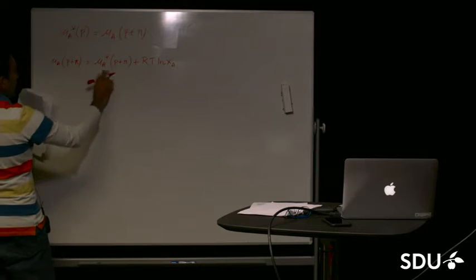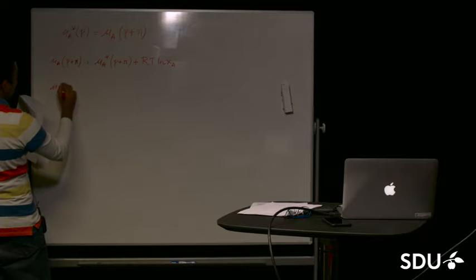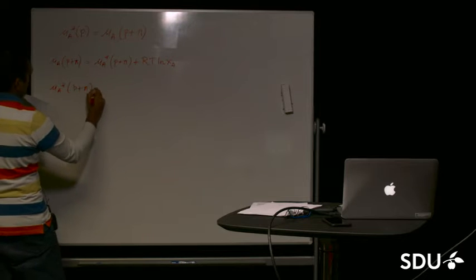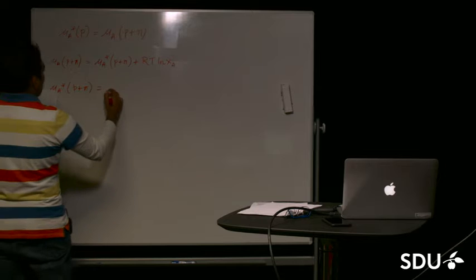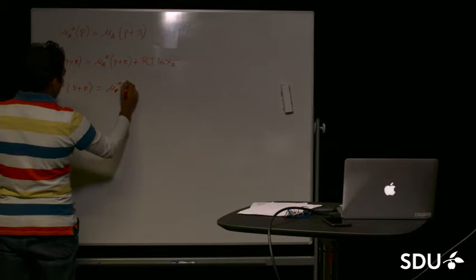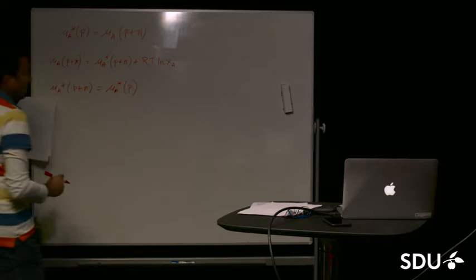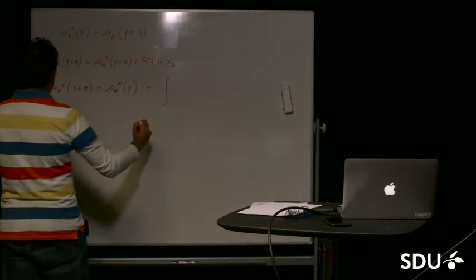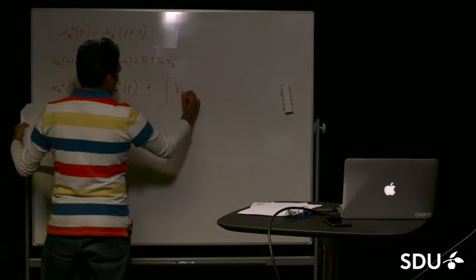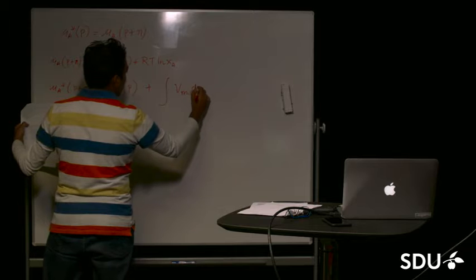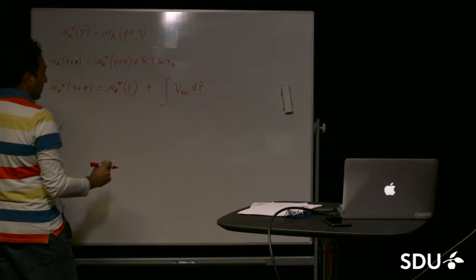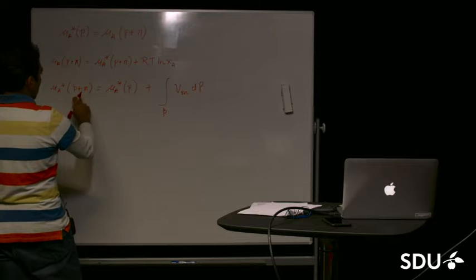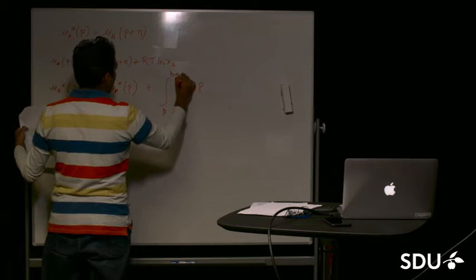If you look at this term now, the chemical potential of the pure solvent at a pressure P plus pi will be given by the chemical potential of the solvent at a different pressure plus an integration over the molar volume multiplied by dP, and this is going from pressure P to pressure P plus pi.